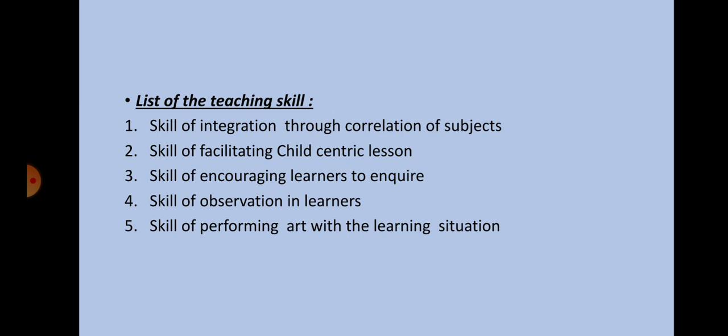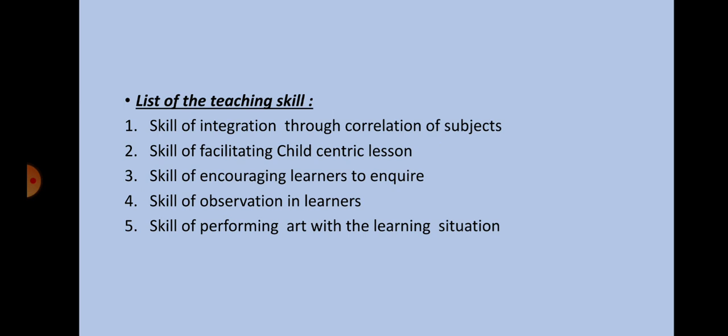So it is very much necessary that we put this observation skill into the learners. In this skill, you can have some kind of model in your hand. You are entering the classroom with an attractive model or a chart in your hand, or maybe a projector is present in the classroom, and you ask your learners, can you say what you are seeing in the chart, or what the model is about?